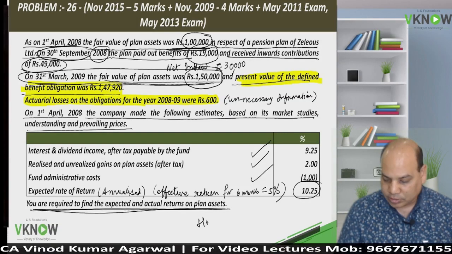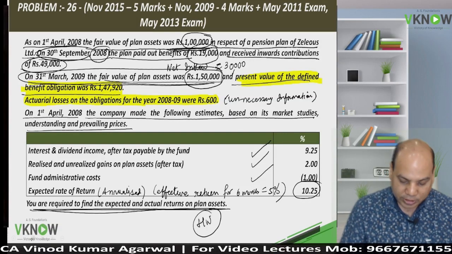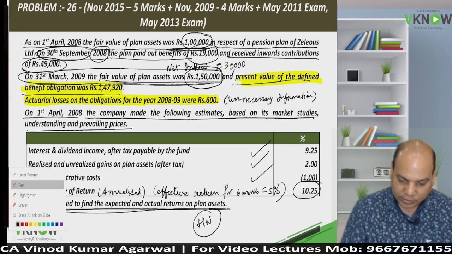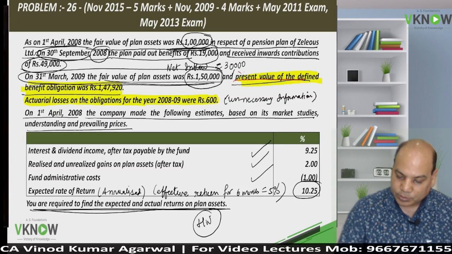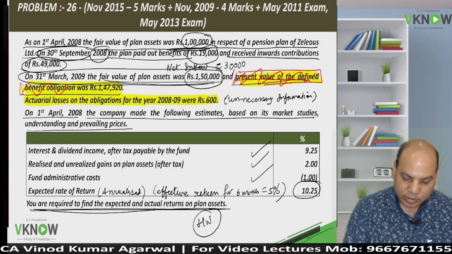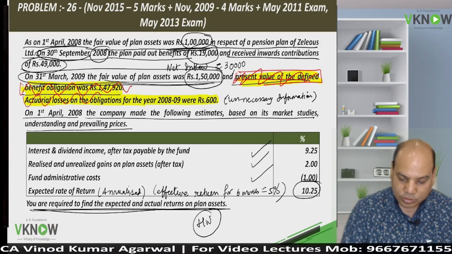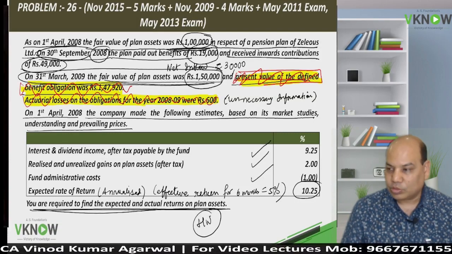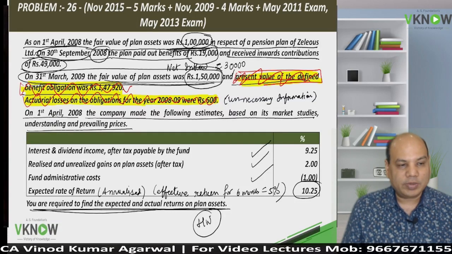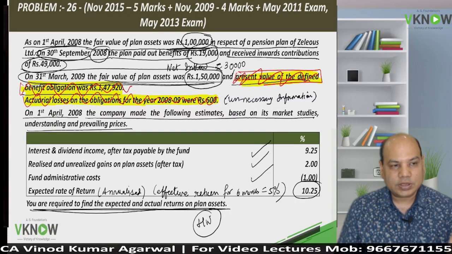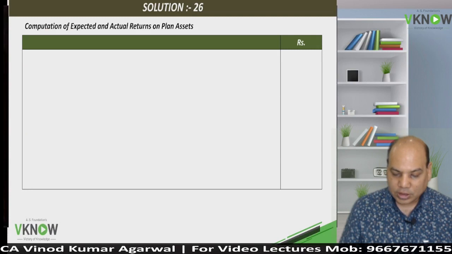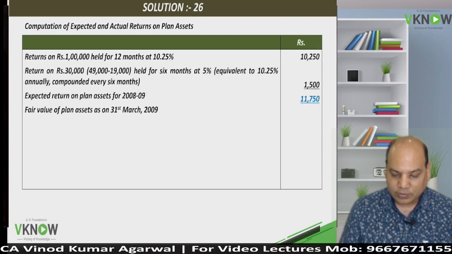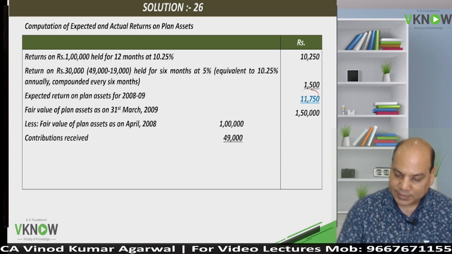Write down homework and don't do anything as far as this portion is concerned. This is to confuse you, because we are not required to do anything with respect to liability. Remaining portion is same. Just take my previous example and solve one by one. First, compute expected return.